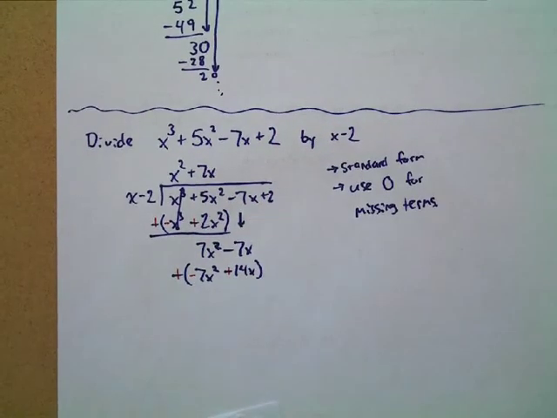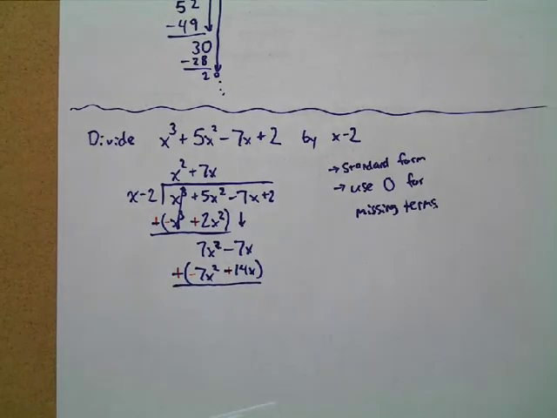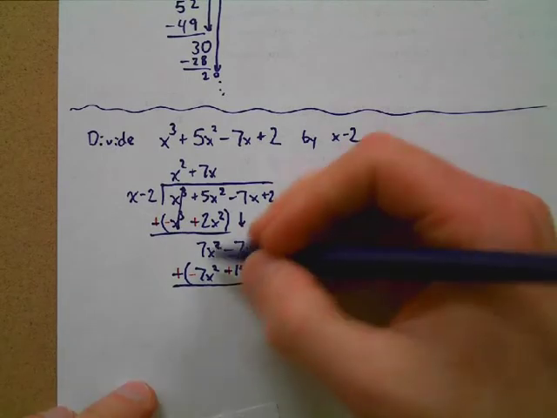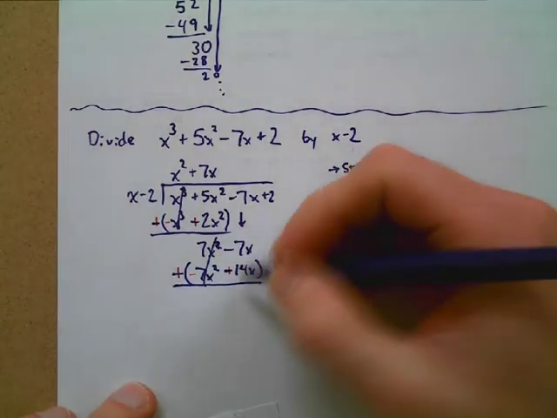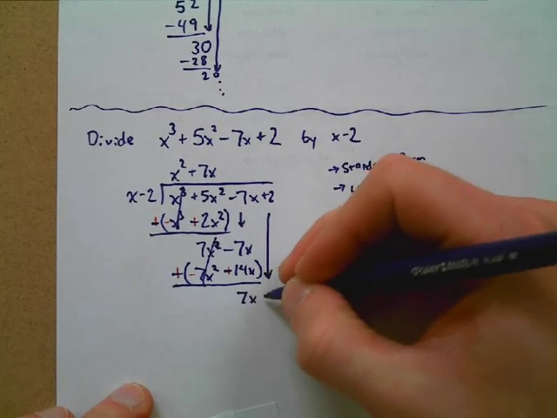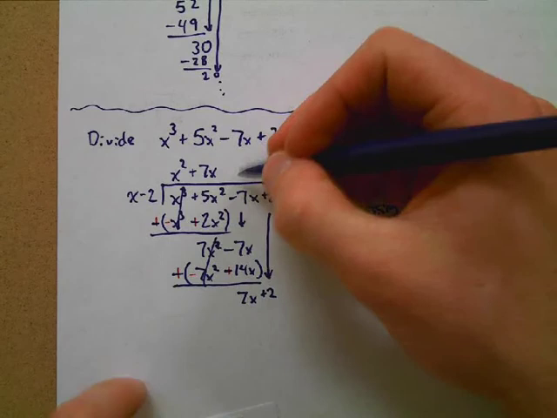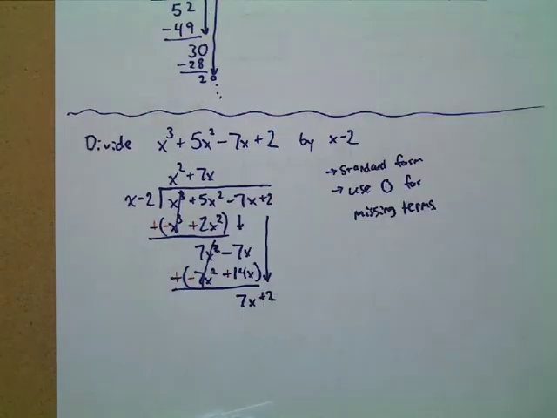It's slow going, but I won't give you a million of these to do, because it can take a little while. But you should be able to do it for sure. The ones I do give you are factors. So the 7x squared cancel. We have negative 7 plus 14, so that's positive 7x, and we bring down the 2. Almost done. What times x gives you 7x? 7.